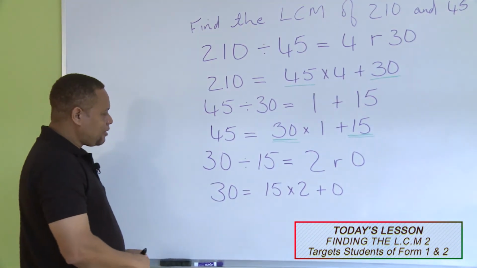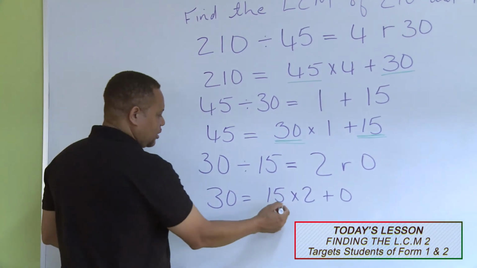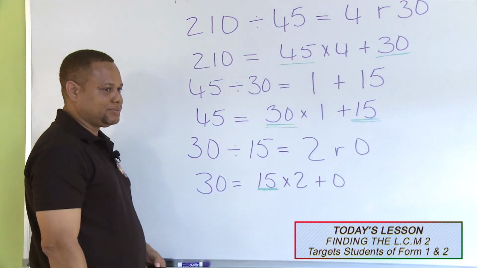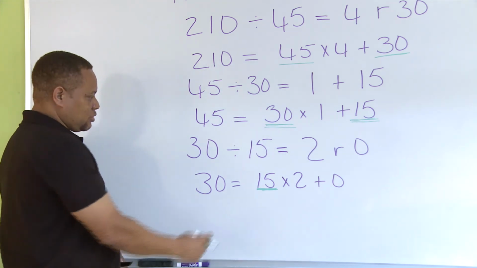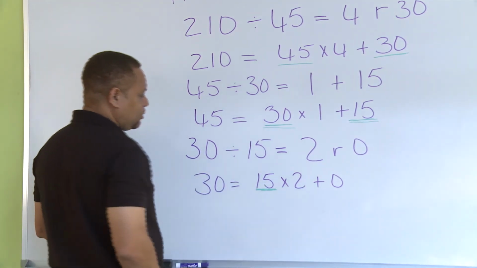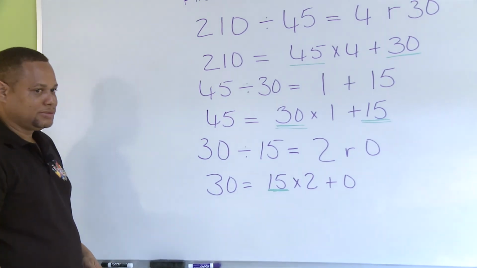And we have basically found our highest common factor. Since the remainder is 0, our highest common factor is 15.